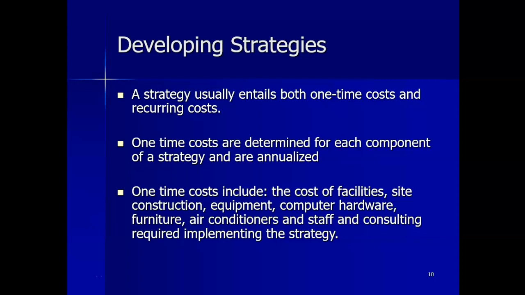And depreciation guidelines are helpful in determining the useful life of each component. One-time costs include the cost of facilities, site construction, equipment, computer hardware, furniture, air conditioners, plus the staff and consultants required in order to implement the strategy.